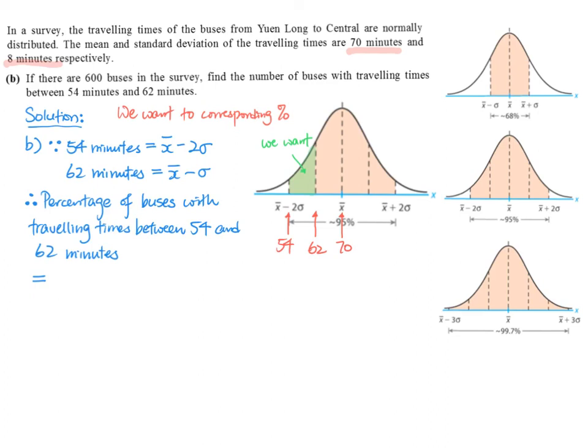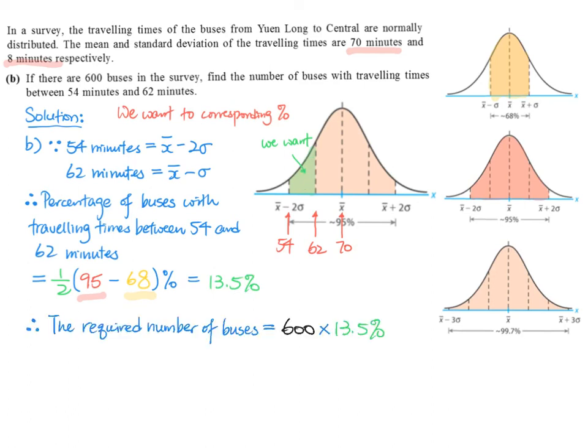And this percentage could be obtained by taking this 95% minus this 68% and then dividing this by 2, which gives 13.5% for our portion here. And so the number of buses that we wanted is taking the total number times the 13.5%, and the answer would be 81.